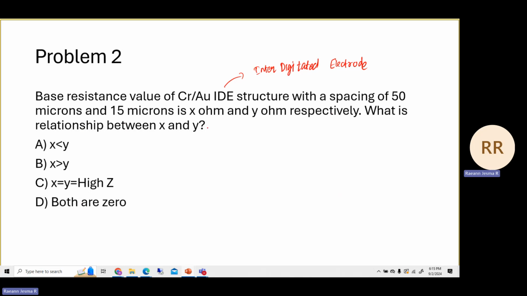What is the relationship between X and Y? Option A, X is less than Y; B, X is greater than Y; C, X is equal to Y; D, high Z, where Z is impedance, both are 0. What do you think the correct answer is?